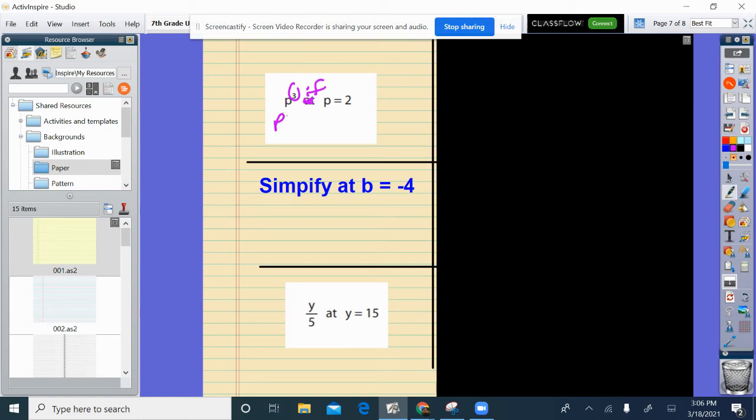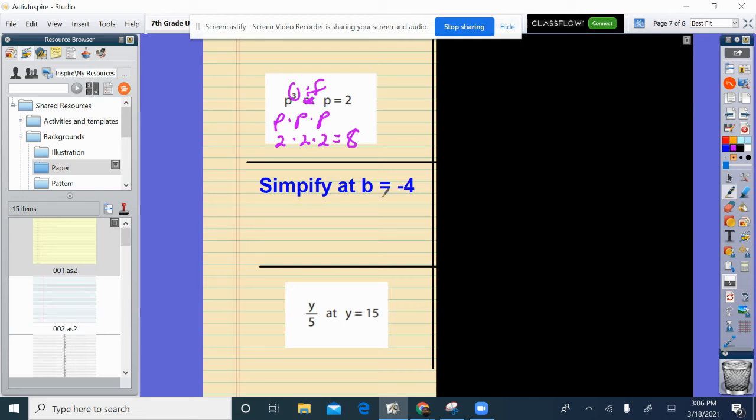So that'd be p times p times p. Then we substitute in the 2, so it'd be 2 times 2 times 2, which would give you 8. So again, substituting what we find out the variable is, we put that back into the expression.